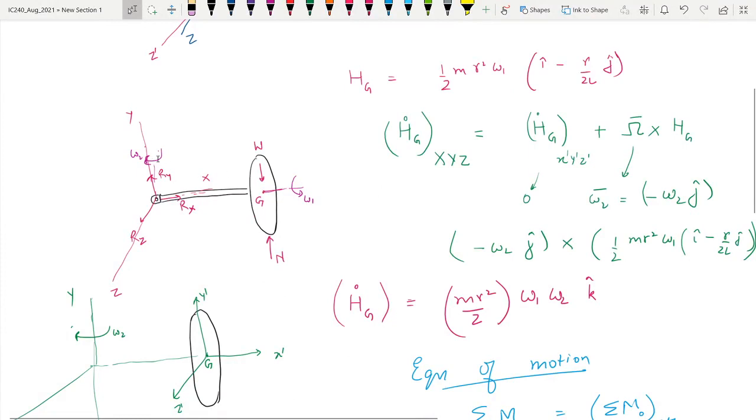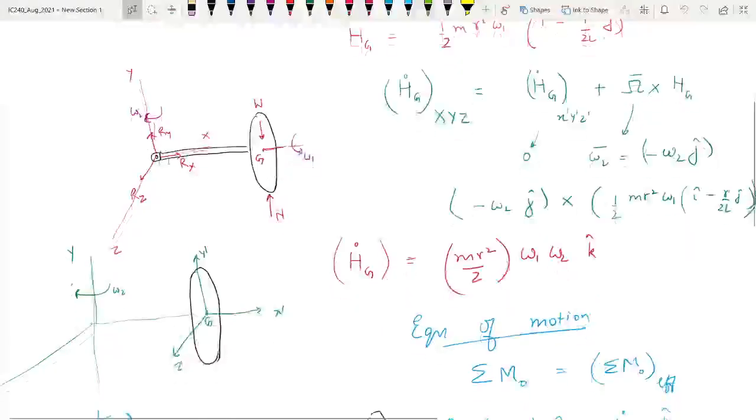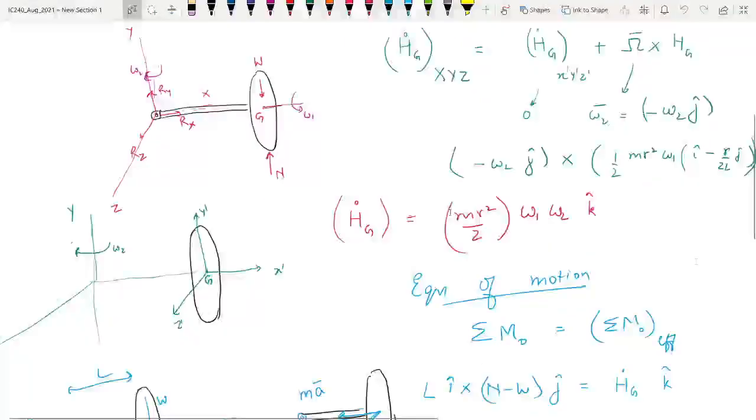It is having a precession about the omega 2 direction, but then its rate of change of angular momentum is in the z direction, and therefore it requires a torque in the z direction to do both things simultaneously, omega 1 and omega 2. And this is what is called your gyroscopic effect.